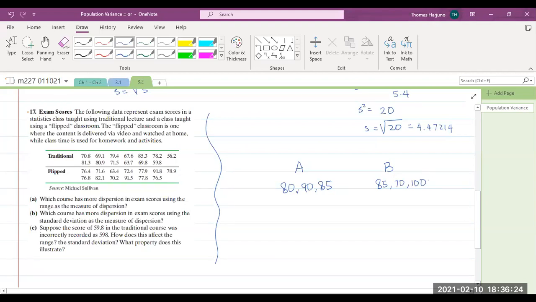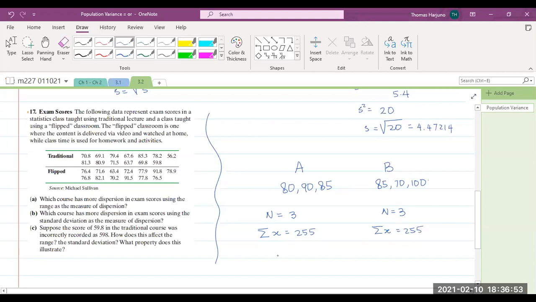Okay, you will see that these two people have the same mean. The n here is 3. The n here is also 3. The sum of the data here is 255. The sum of the data here is also 255.